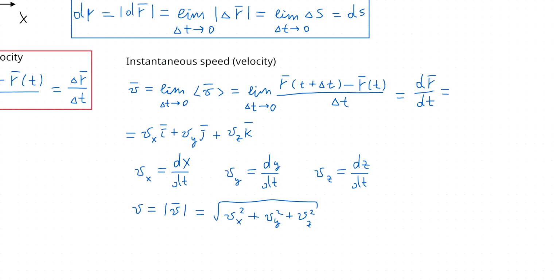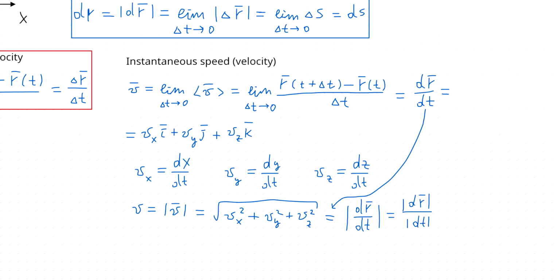And how to define this? Maybe the simplest way is to use the formula above, and we can see that it is equal to the absolute value of dr divided by dt. And this is the same as the absolute value of dr divided by the absolute value of dt.